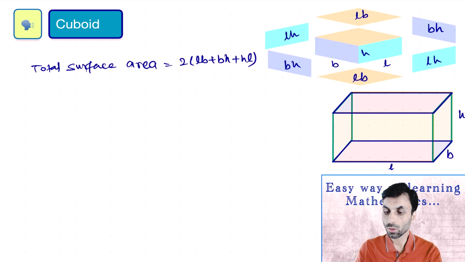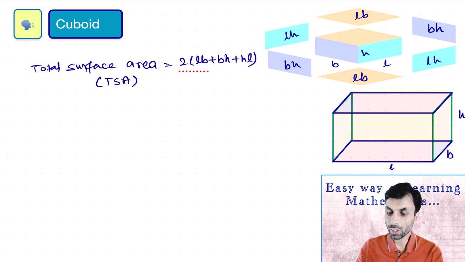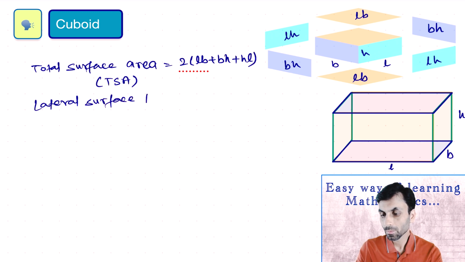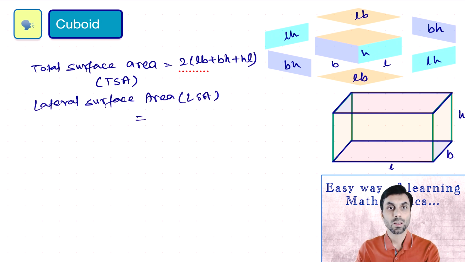Here one thing we need to remember: the total surface area we can also write as TSA. Next, when we talk about lateral surface area, which we also represent as LSA, that means it is the area leaving the base and the top.